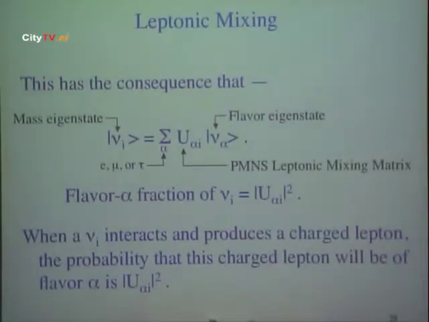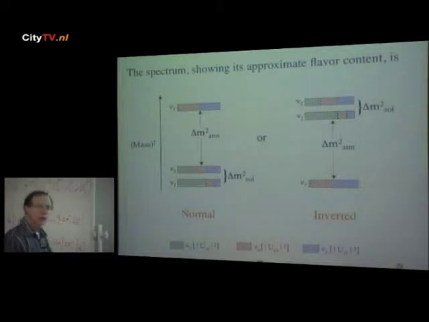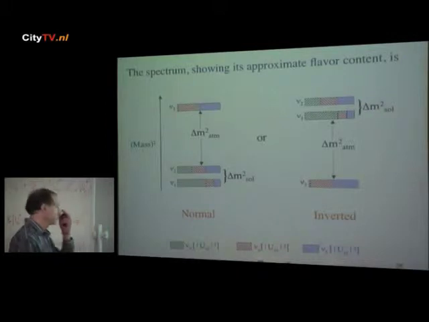So I showed you before the mass squared spectrum in either its normal or its inverted form. Here it is again, but this time showing, by color coding, the flavor content of the various mass eigenstates to the degree that we know it experimentally. The nu E fraction, that is to say U E I squared of a mass eigenstate, in green, the nu mu fraction in red, the nu tau fraction in blue.